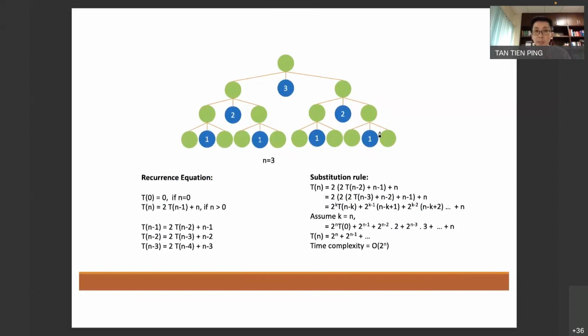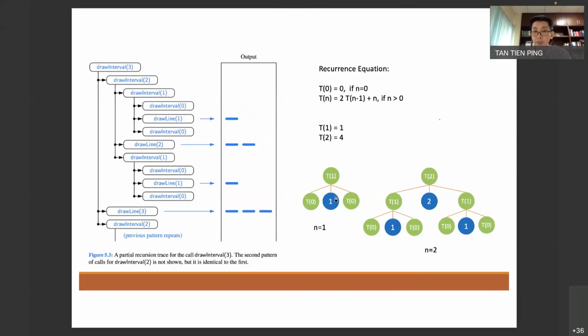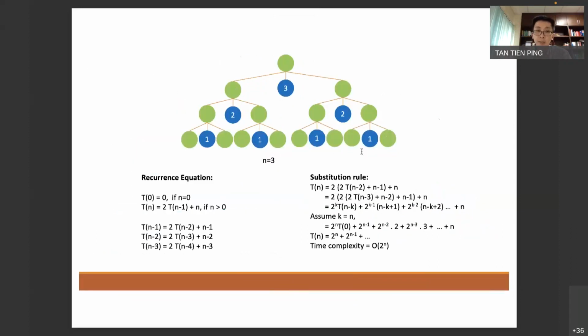The green one is the recursive function, and the blue circle is the drawLine. The number tells us how many times it draws or prints out.